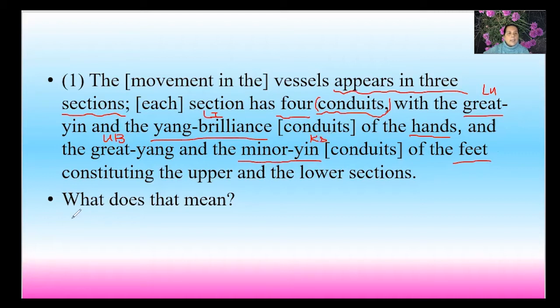So the question is, what does that mean? We're still talking about the pulse at the wrist, and that's regular. We feel the pulse right now. So we call that the cun.